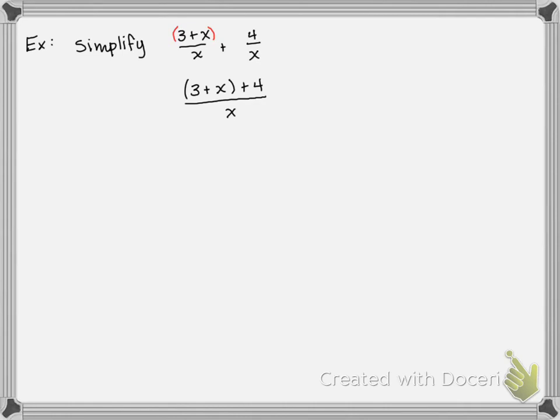But in this case, since there's nothing to distribute, we end up with x plus 7 over x. Can that be simplified? That can't be simplified, right? Because that x plus 7 is a single factor, and the denominator has a factor of x, so they don't have any common factors.